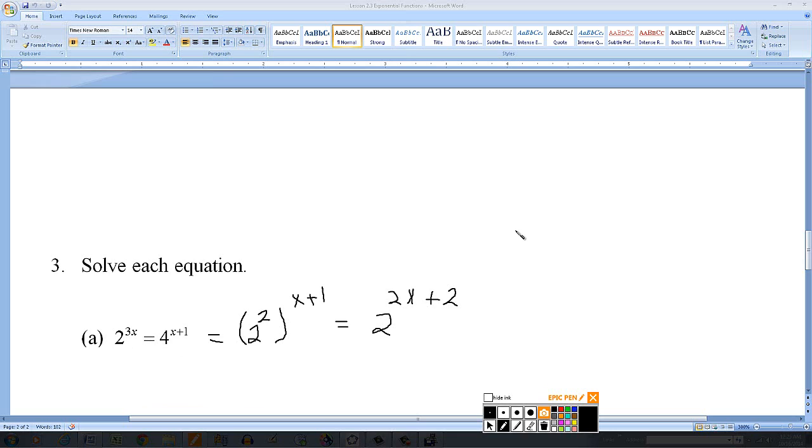So this would tell me then that 3x would have to equal the power on the right side, which is 2x plus 2. Okay, now we just solve this linear equation. Add negative 2x to both sides. This cancels, and negative 2x and 3x gives me x. So I'm left with x equal to 2.